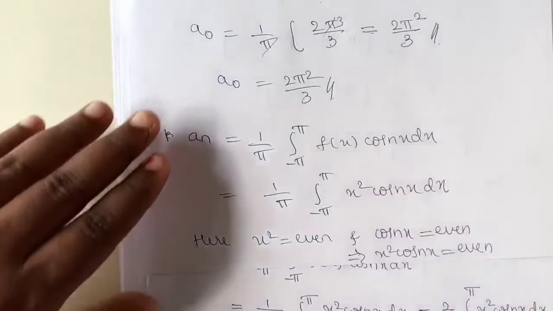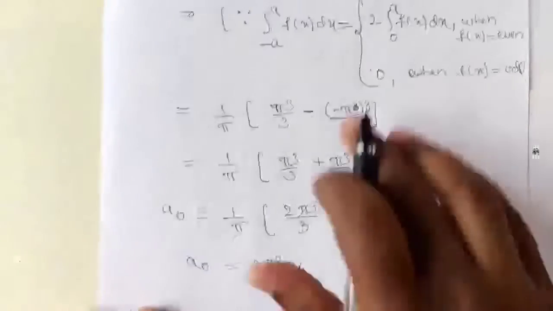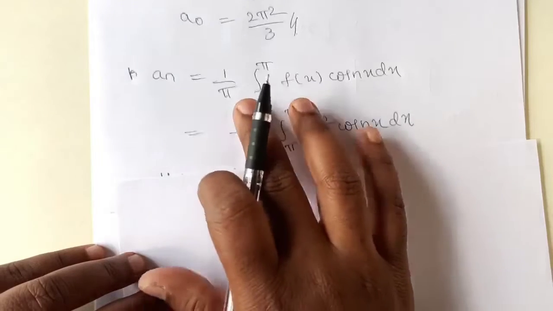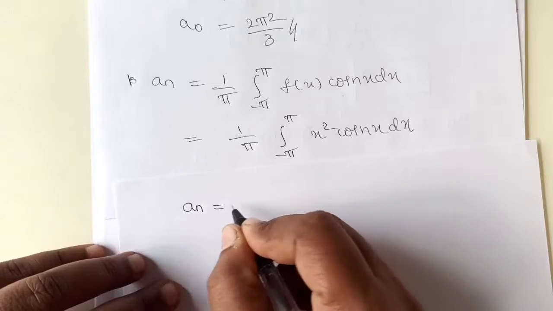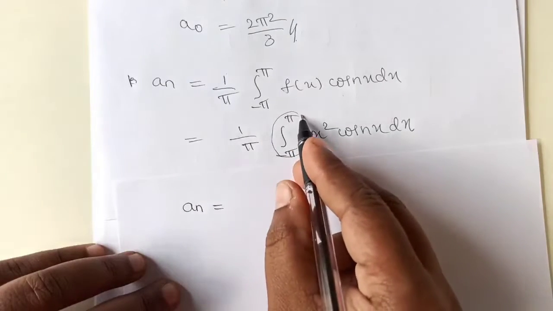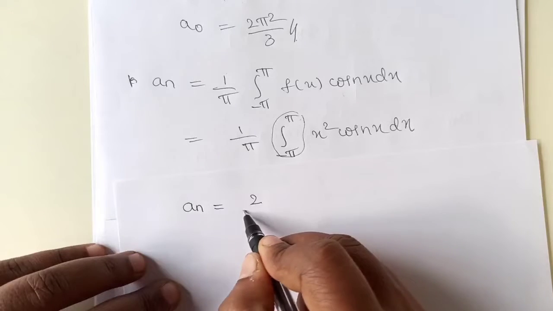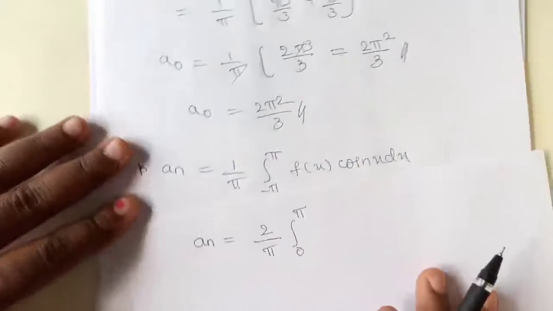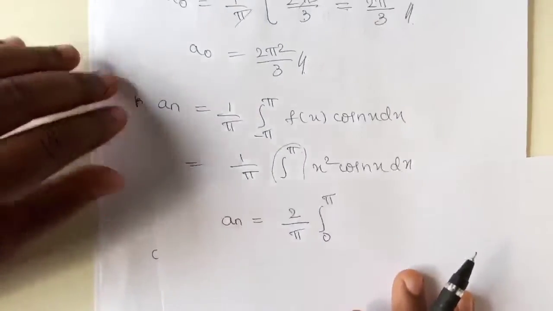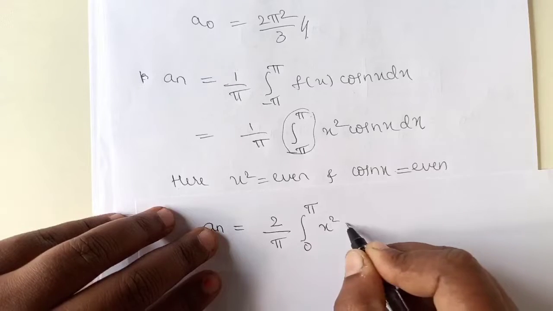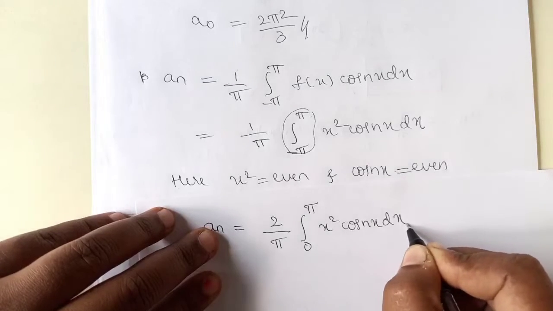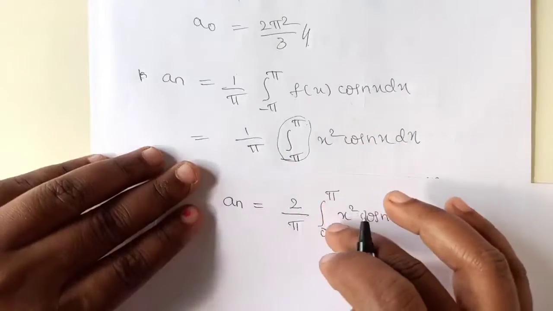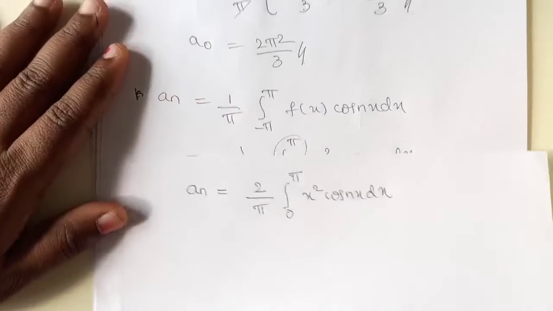So here we use the definite integral property directly, and an can be written as 2 by pi into integration 0 to pi x square cos nx dx. If we change the limit, it is easy to calculate.